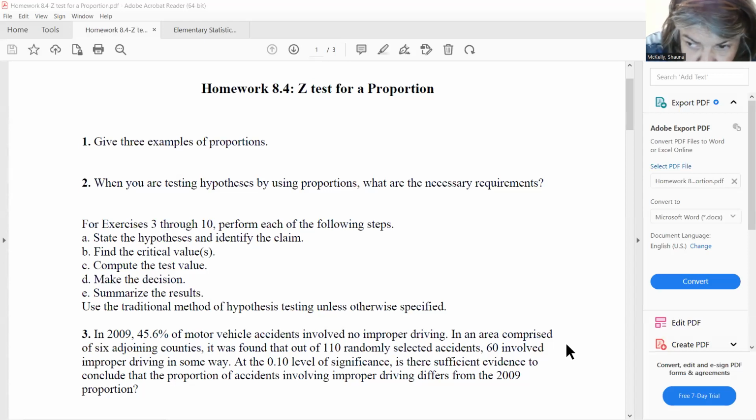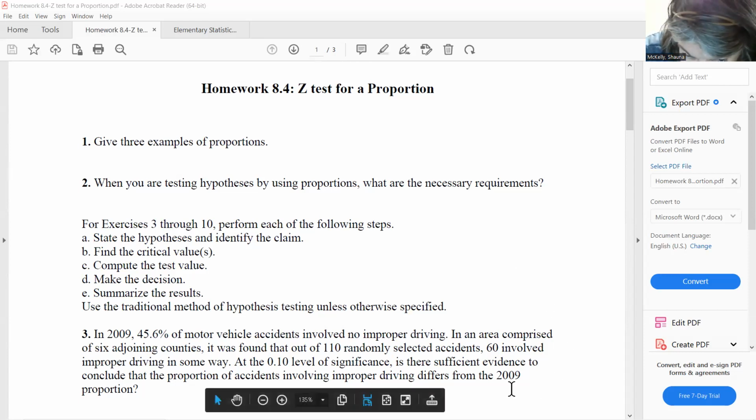Question 2 says, when you're testing by using proportions, what are the necessary requirements? You have to have a binomial experiment. So let me write them in.